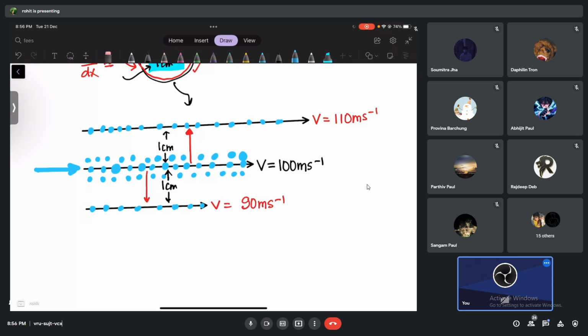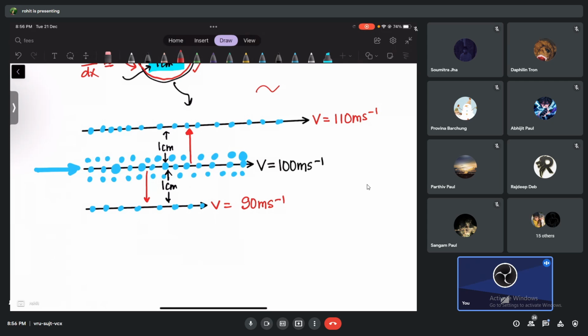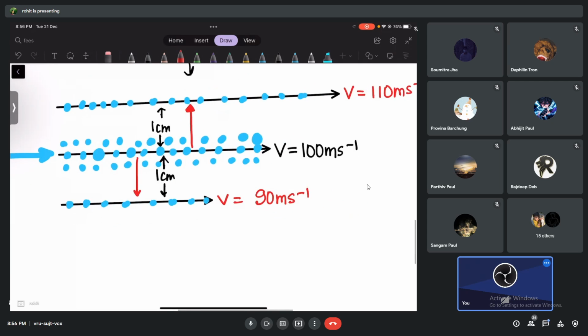Now you think and tell me. Do you agree with what somebody said earlier? Honey is sticky, right? And water is not sticky. Do you understand that this particular layer, which is at 100 meters per second, and all these liquid molecules want to move forward? What will the molecules below it try to do? They have some degree of attractive force or not?